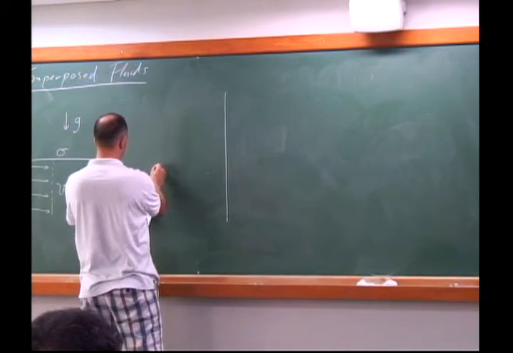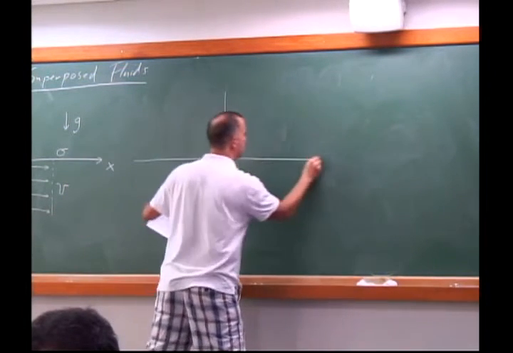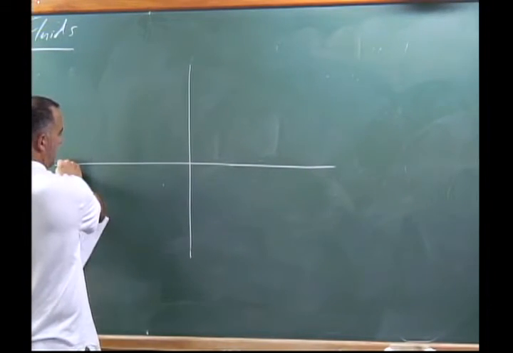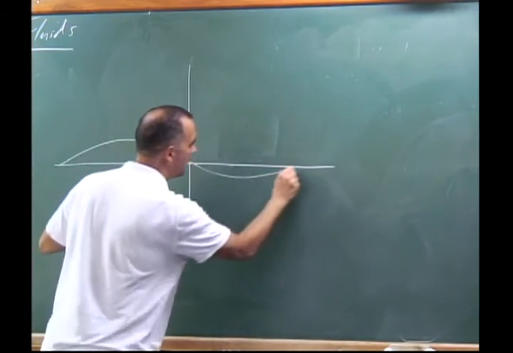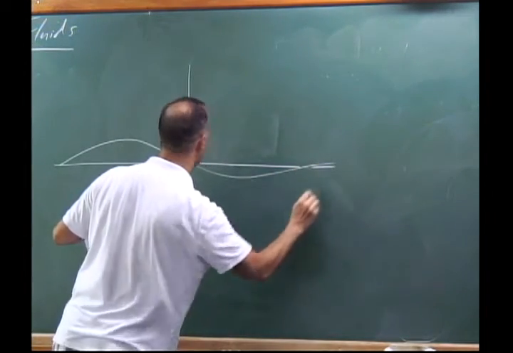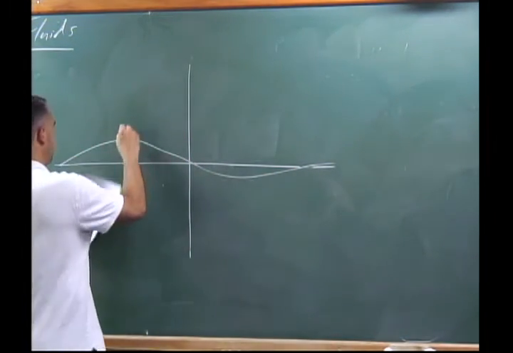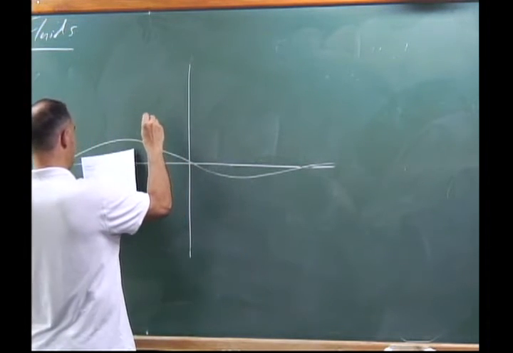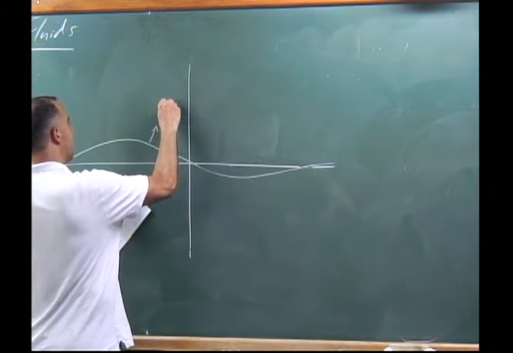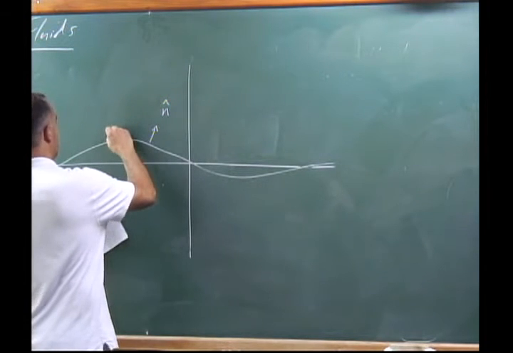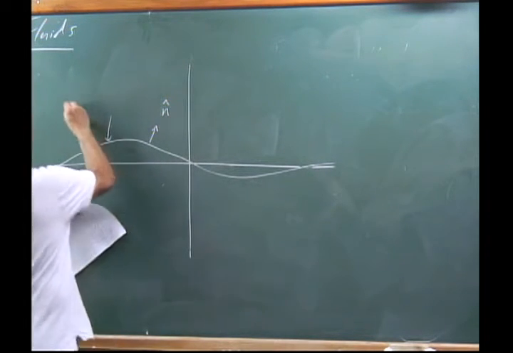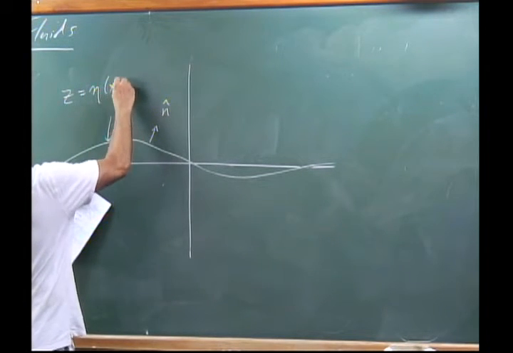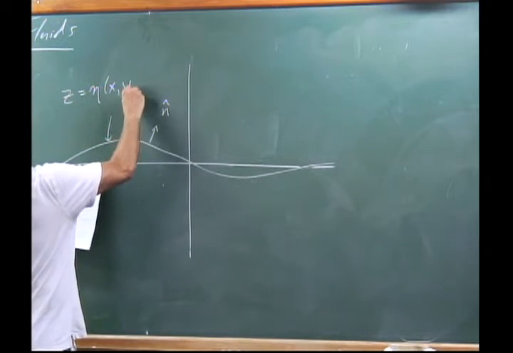So our perturbed state looks like that. So we have some perturbation, we'll call it nu of x, y, and t.